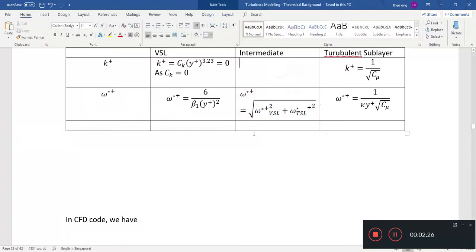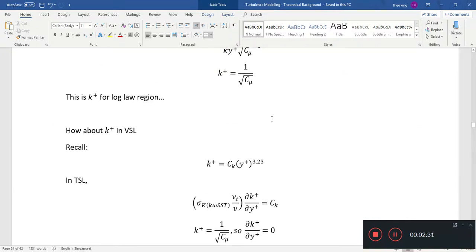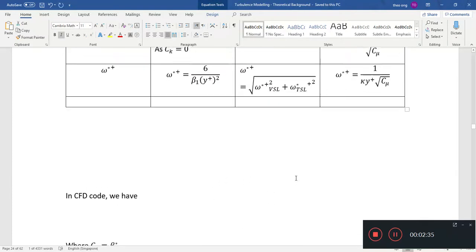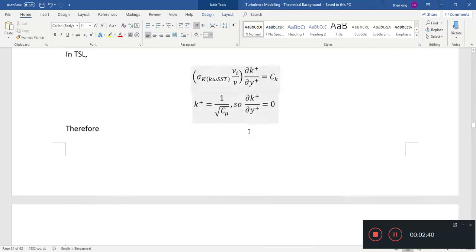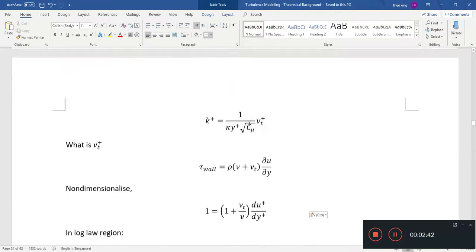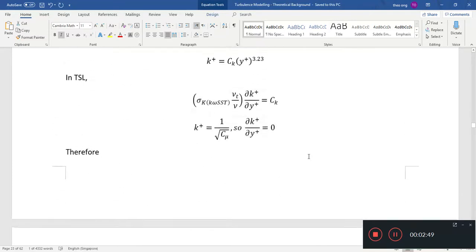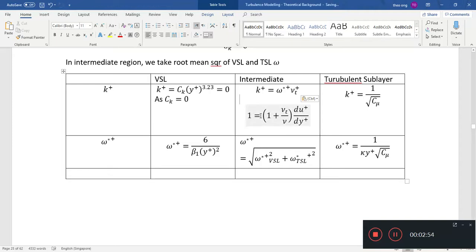In the intermediate region, of course, we can have k as follows. I'm not going to go too much into detail, but here is one. We use omega star plus: k plus equals omega star plus.